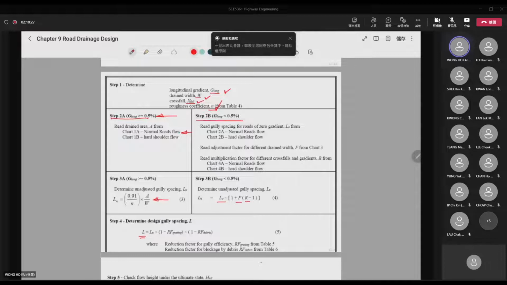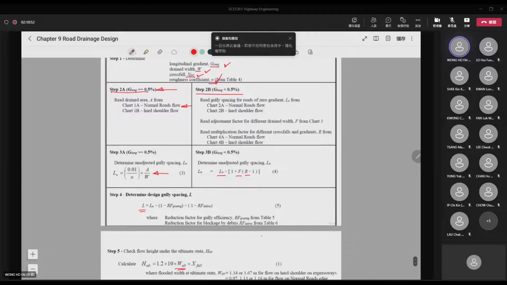Because the longitudinal gradient is more than 0.5%, you can follow the right-hand side, and then find the so-called L0, F, and R from chart 2A, and then from 4A. And then because it is another area, you can find the flooded width and then check for step 5, okay? So right now you can try it by yourself.